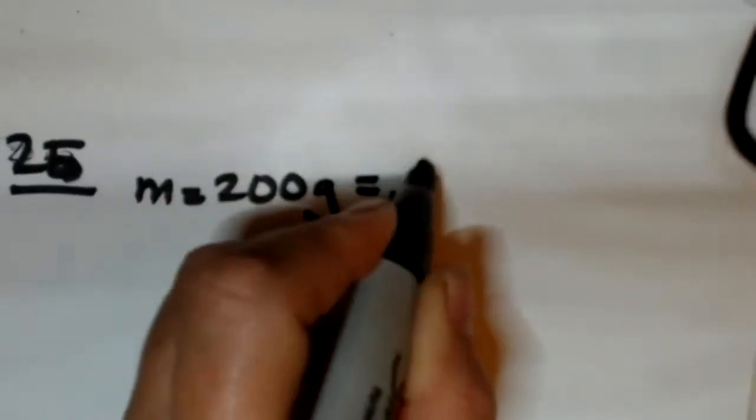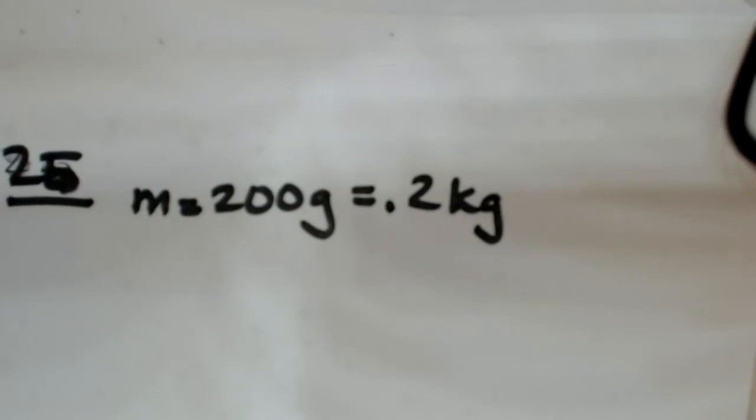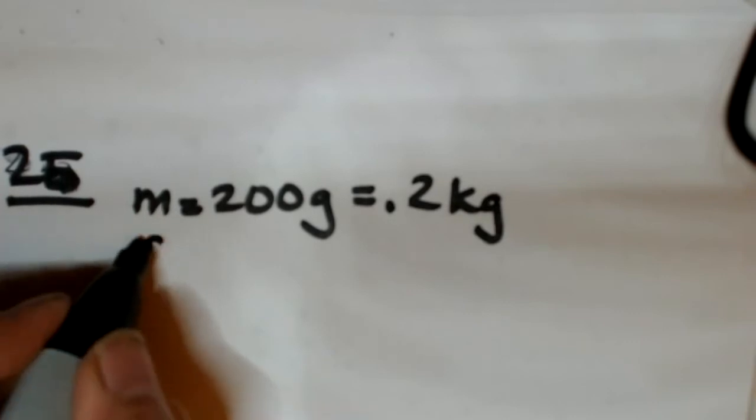So this is problem 25. It says I've got a 200 gram mass, so I'm just going to immediately make that 0.2 kilograms before I do anything else. It is at a frequency of 2 hertz.